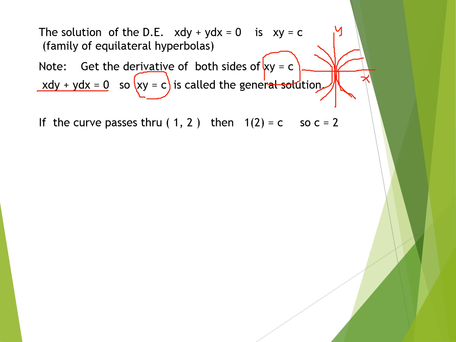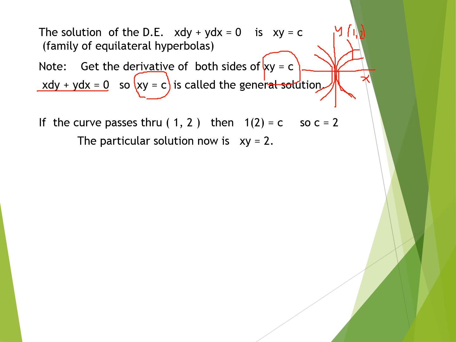That means at this particular point, let's say here, (1, 2), we will have just one hyperbola that passes through (1, 2).